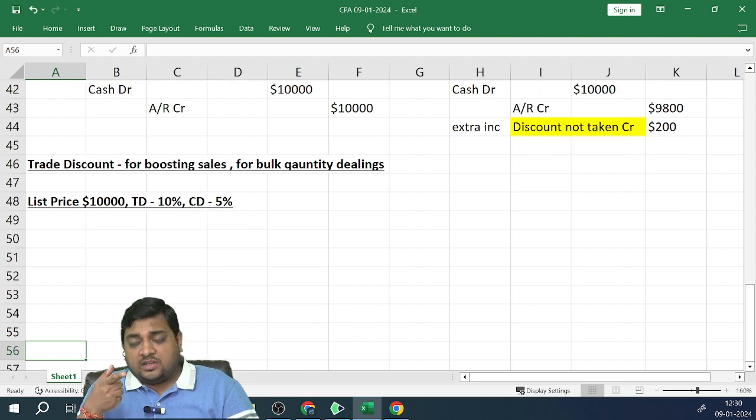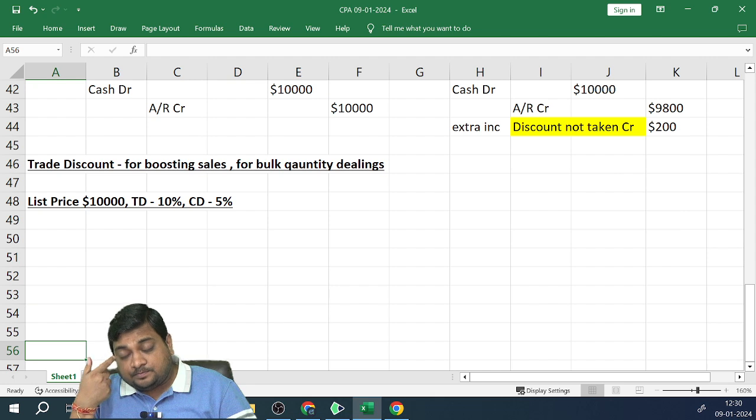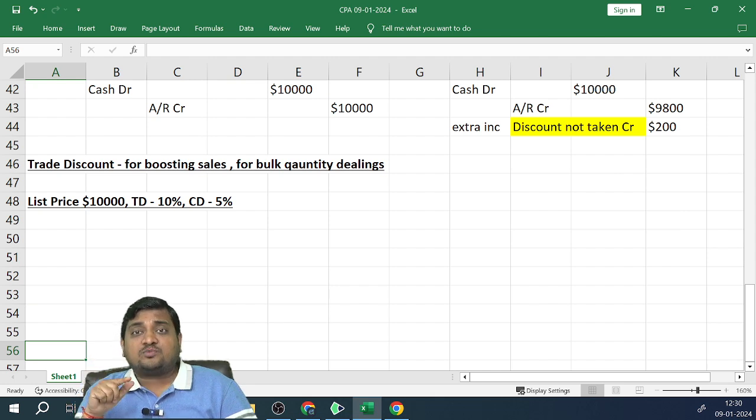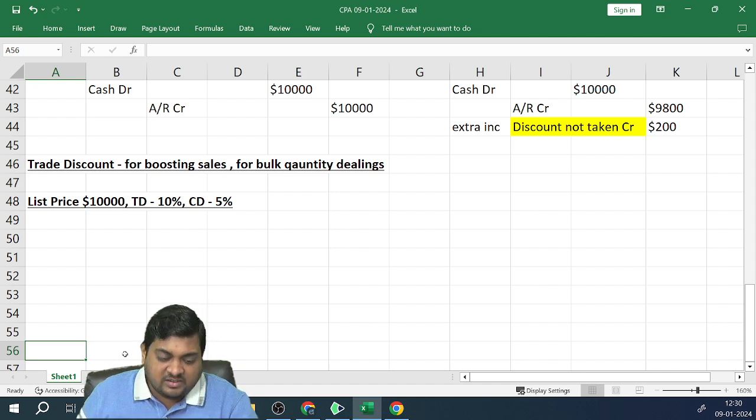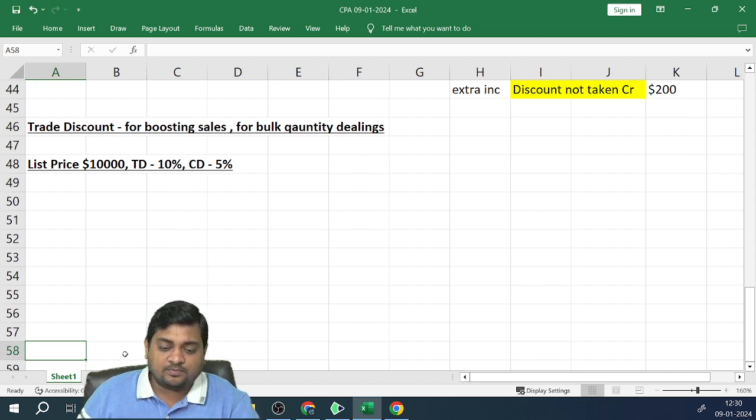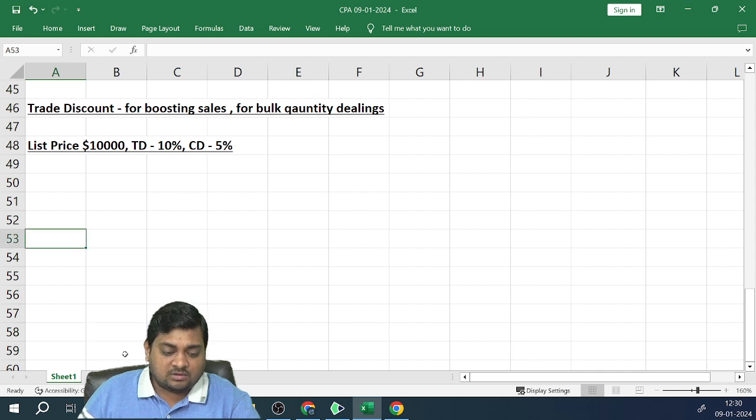Now here we have seen the gross method and net method of accounting, that is for cash discount, right? What about trade discount? Trade discount is never ever shown in books of accounts. It is not even shown in books of accounts. So what are we going to do for trade discount? This is very simple.